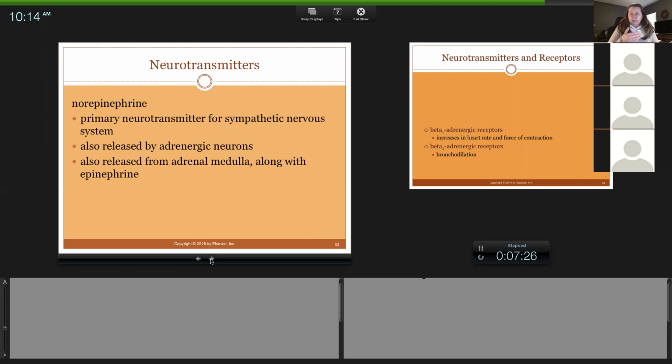It is released, and next term we talk about the endocrine system. So we're going to talk about the adrenal gland. The adrenal gland is near our kidneys, and it is an endocrine organ, but that is typically where norepinephrine is released from. Epinephrine is also an excitatory sympathetic neurotransmitter.